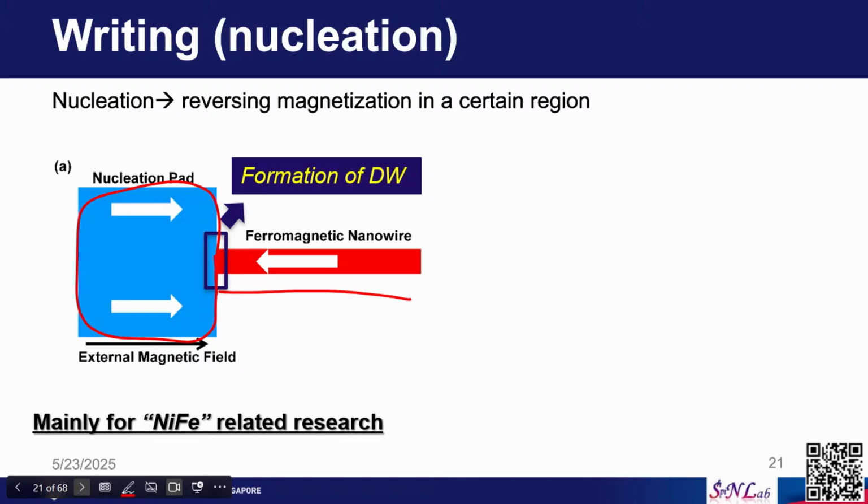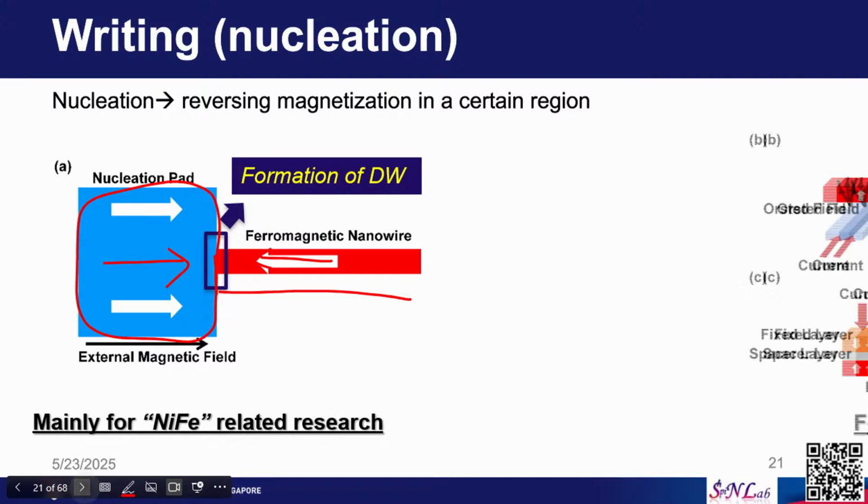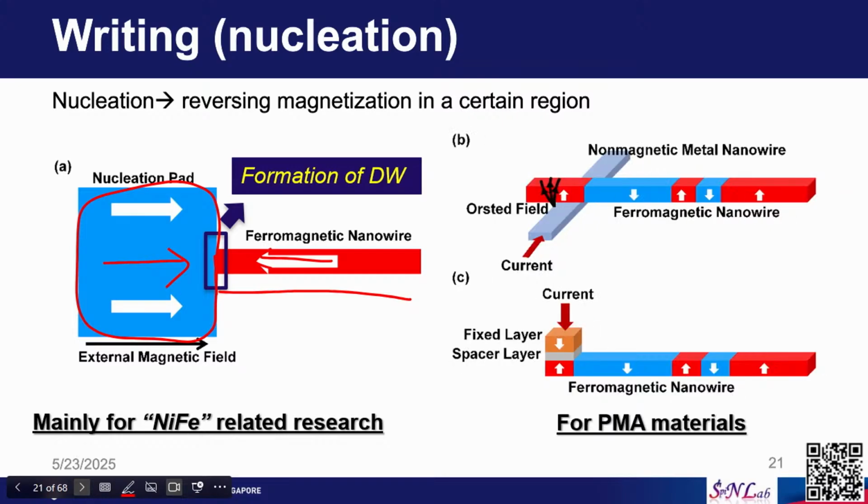People nucleate some domain here. For example, if the ferromagnetic nanowire has magnetization pointing to the left, the nucleation pad has magnetization pointing to the right, and you can push this domain into the ferromagnetic material. So, you push the blue domain into the ferromagnetic nanowire, that is one way of creating a domain.